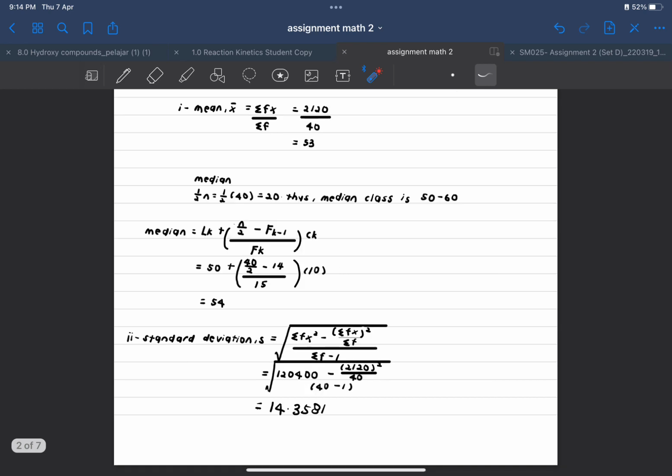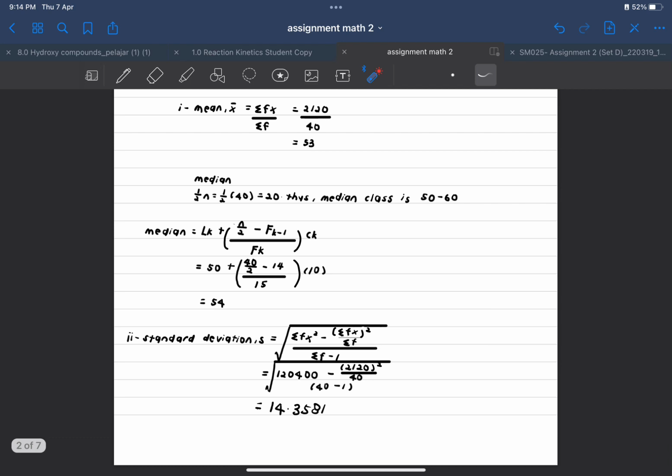For the next question, we were asked to find the standard deviation. We just use the formula of standard deviation, which is the square root of sum of fx square minus bracket sum of fx bracket square divided by sum of f, then we divide by sum of f minus 1. Since we have all the values, we just substitute into the formula.